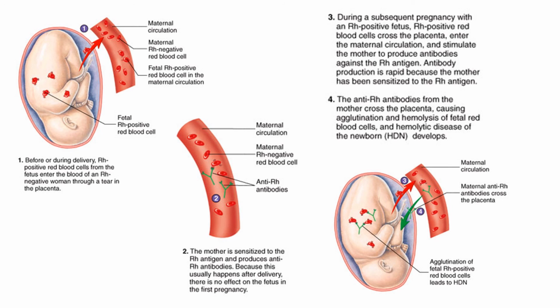So, ang nangyayari, nagkakaroon ng agglutination of the fetal Rh positive red blood cells and leads to your hemolytic disease of the newborn. Okay, so nagkakaroon ng pamumuo ng dugo dun sa baby.